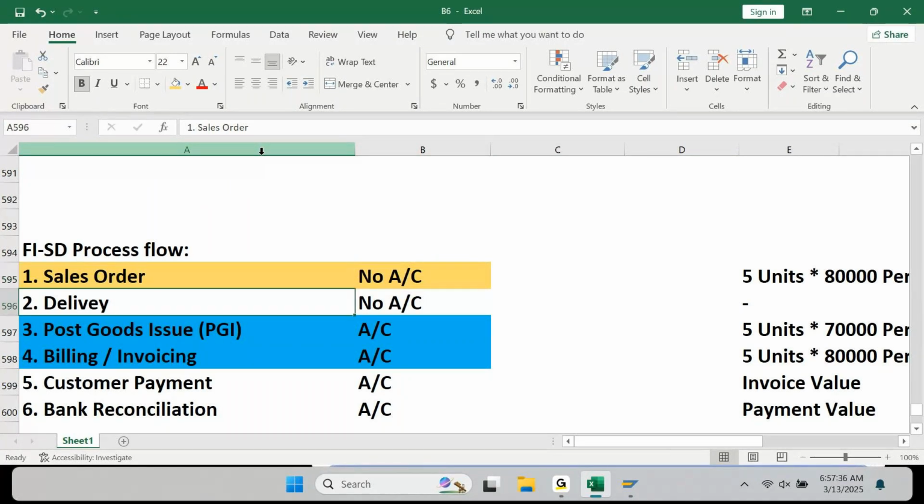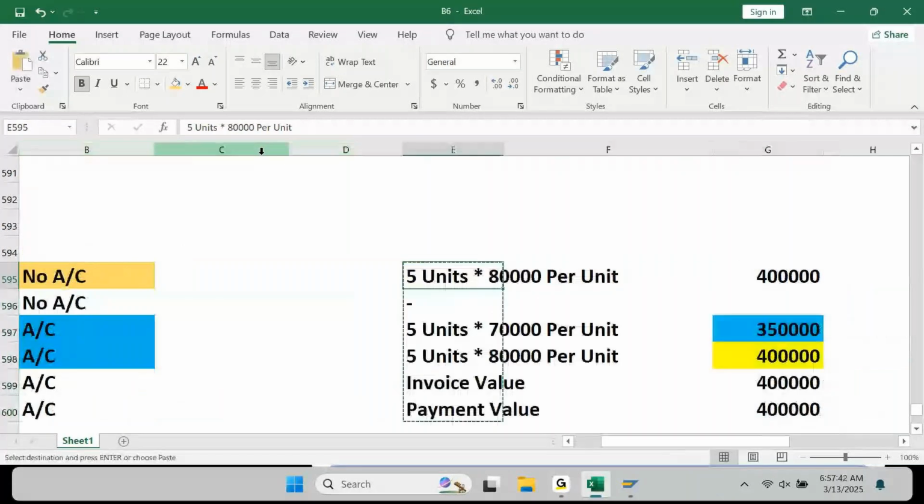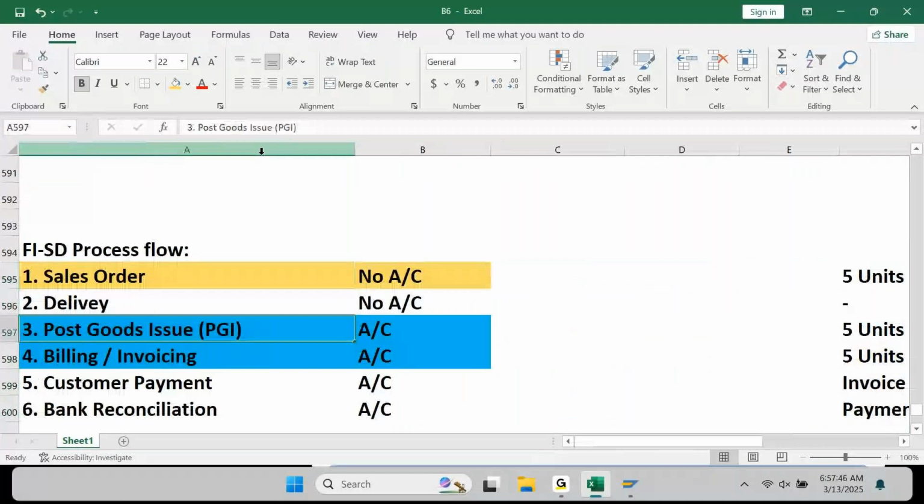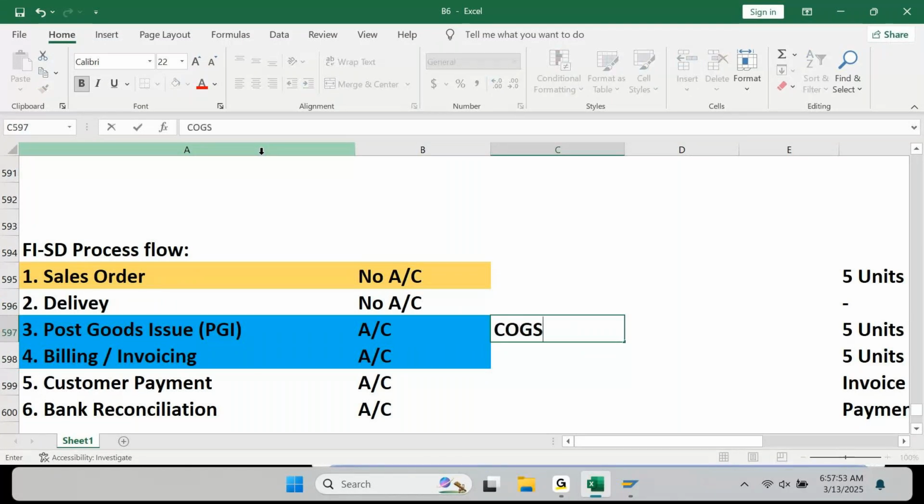Now, at the time of PGI, what is the accounting entry? Cost of goods sold account debit, inventory credit.